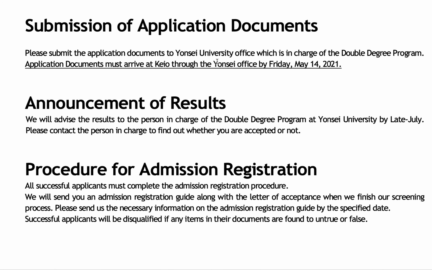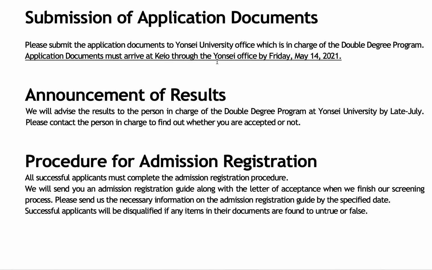So that's the part of how to apply for this program. The most important one is to write a research plan. And the most important step before you write a research plan is to find a thesis advisor in advance at Keio University.